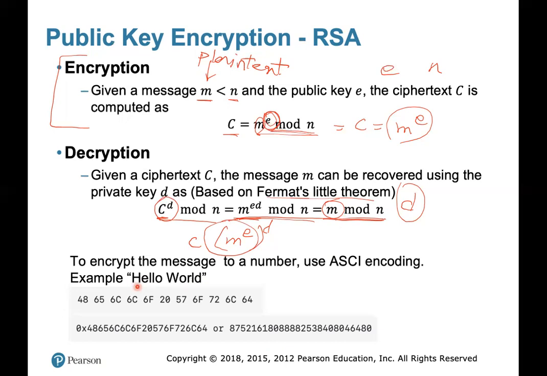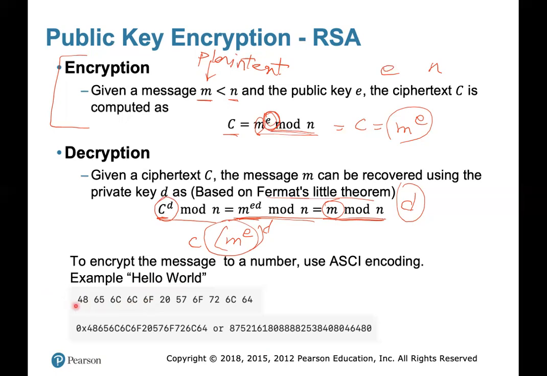An easy way is to take, for example, the ASCII code of every character we have. Here, for example, hello world. This is the ASCII code of H, ASCII code of E, L, L, O, and so on. And we can just concatenate them to each other.